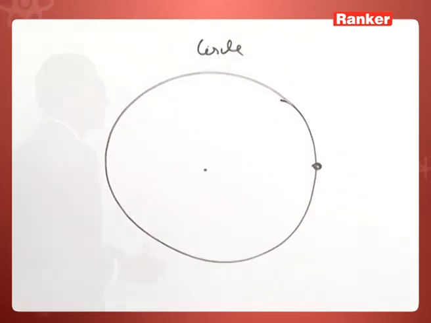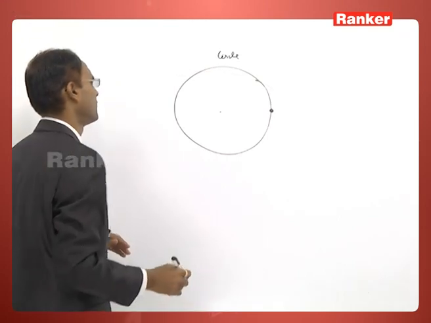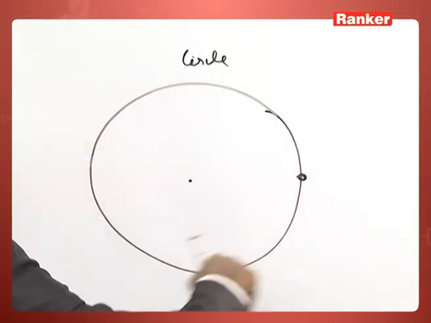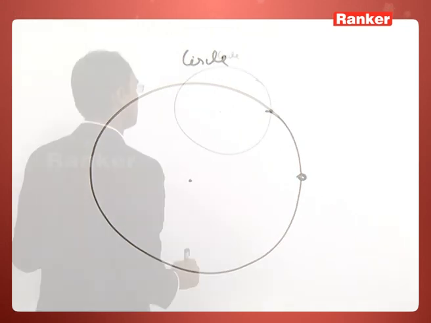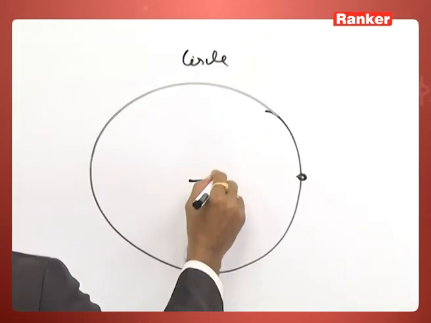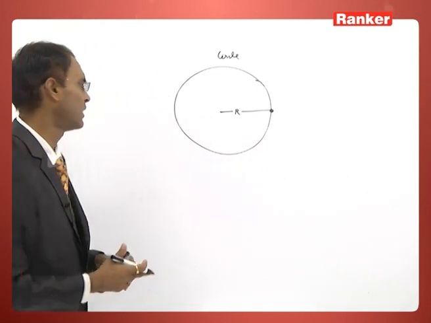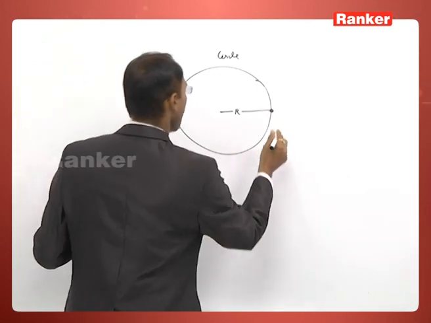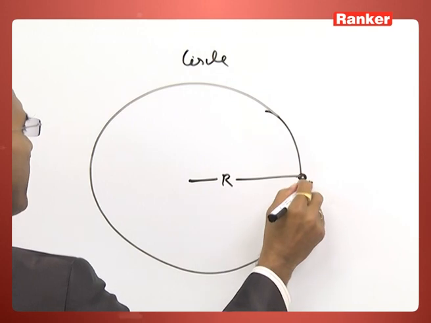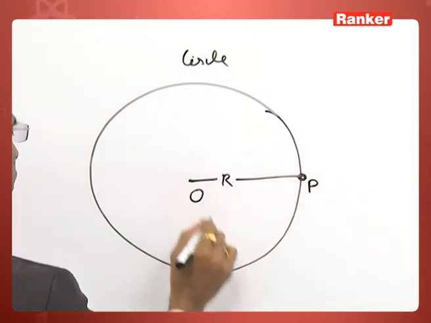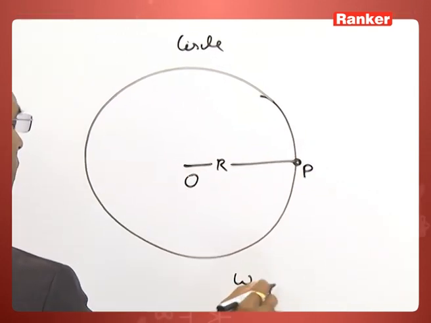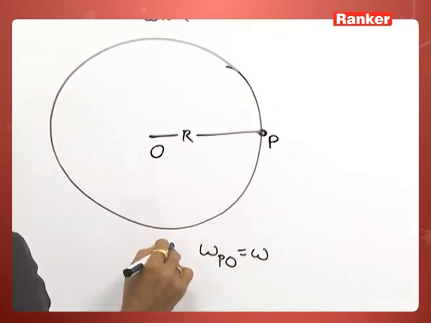This particle is revolving in a circle of radius r. Angular velocity of this particle P with respect to O is omega.